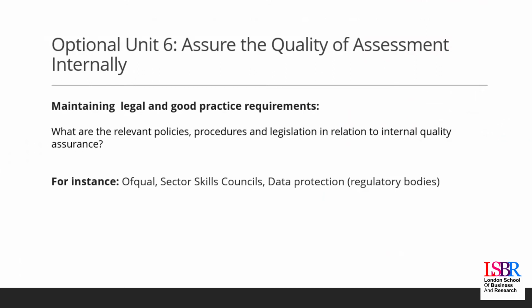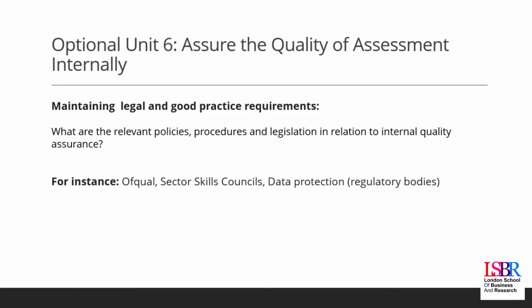Optional Unit 7 is on the topic of managing learning and development in groups. I would like to, in brackets, let you know that Unit 6 and Unit 8 are very similar, as Unit 8 is a continuation of the topic of quality assurance, but we are covering the units sequentially, one by one.